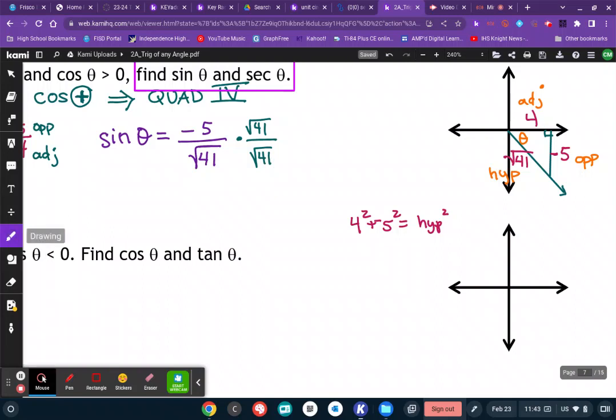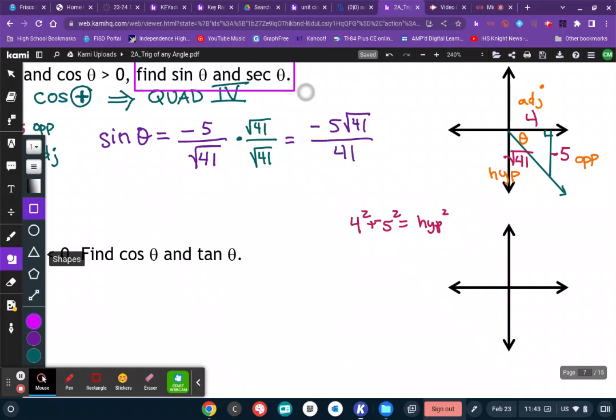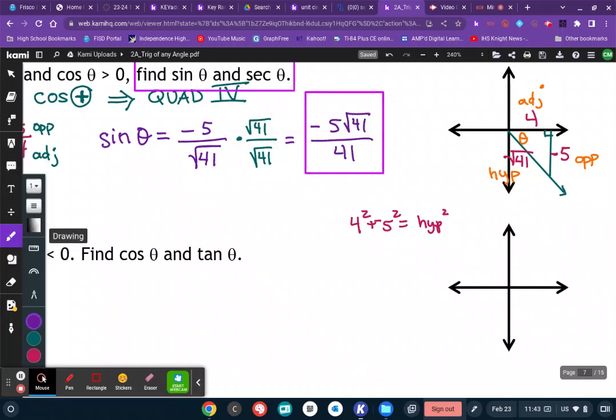But it's not too terrible, because rationalizing just means I'm going to get the number that's underneath that radical in the end. So the sine of theta is negative 5 root 41 over 41.